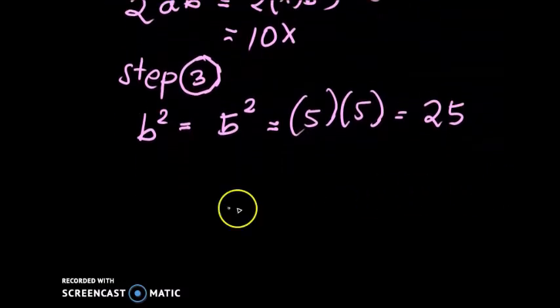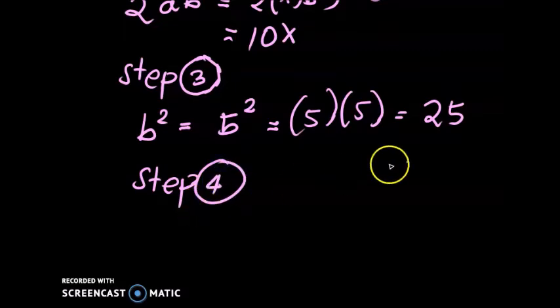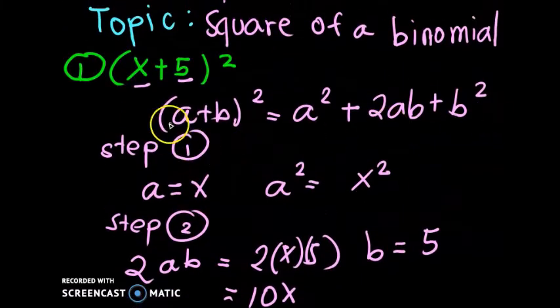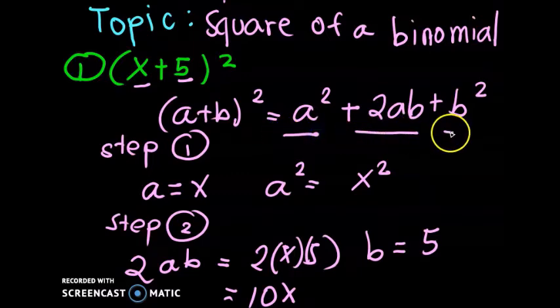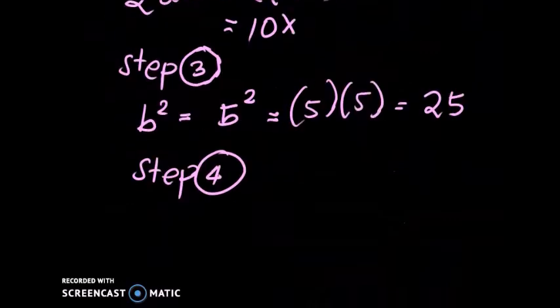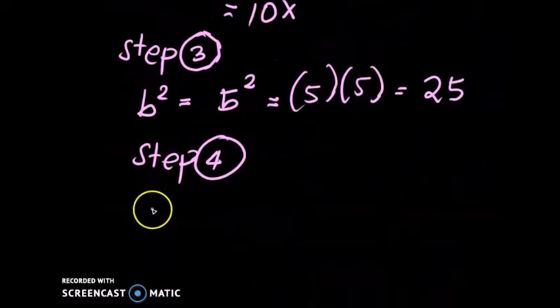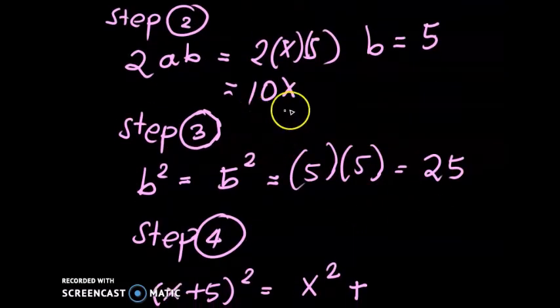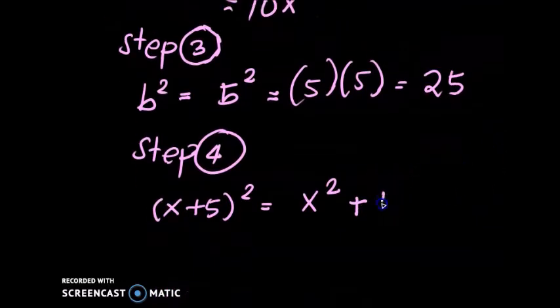Having this, our last step, step number 4, is just to combine or arrange these answers in our formula: a squared, followed by 2ab, and b squared, the first, second, and third. So (x + 5)² is equal to our first term, x squared, plus our second term, 10x, and our last term, which is 25.